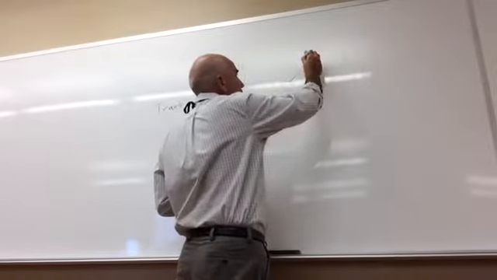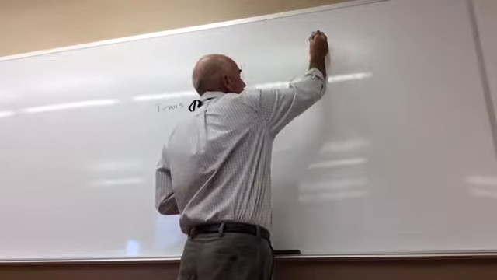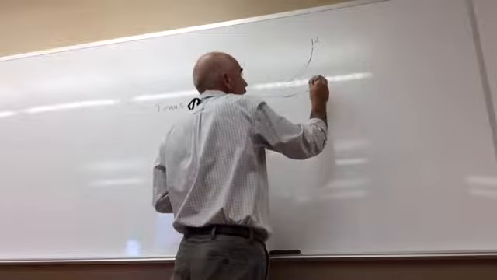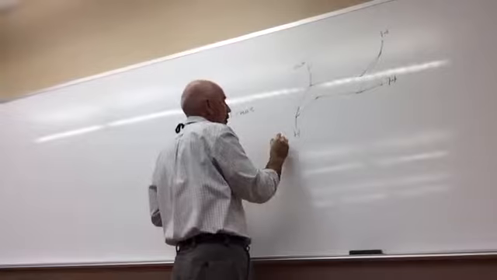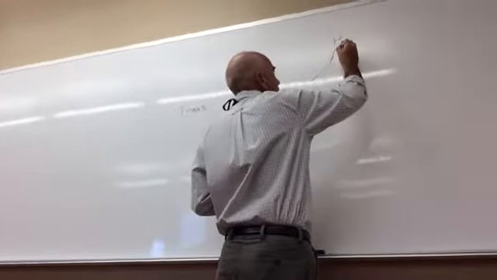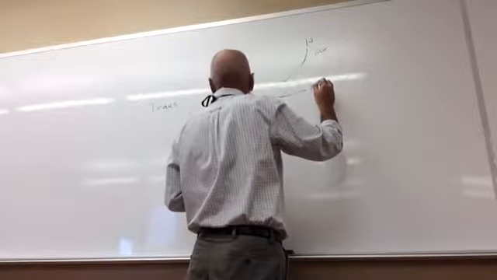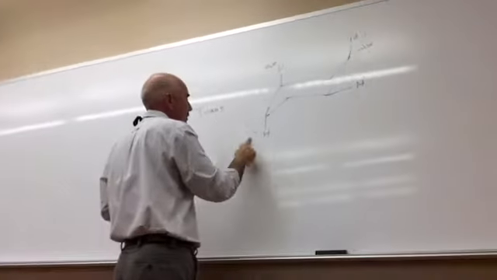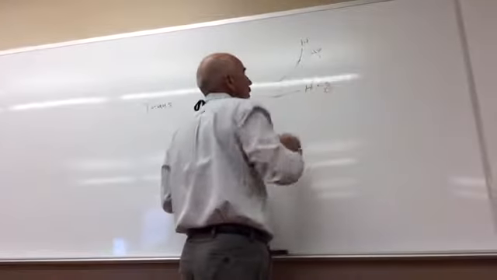And this is going to really, you're not going to believe me, but this is axial, this is equatorial, this is axial. I'm sorry, this one's axial, and this one's equatorial.